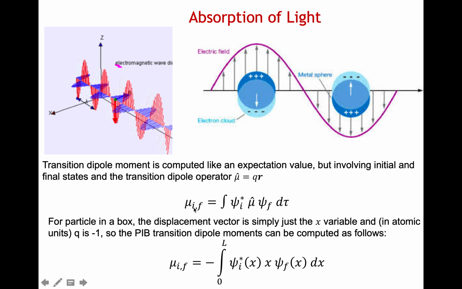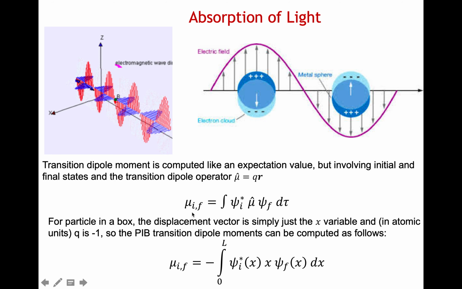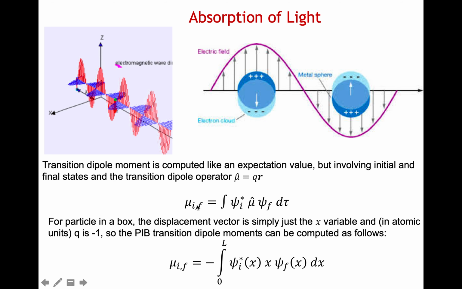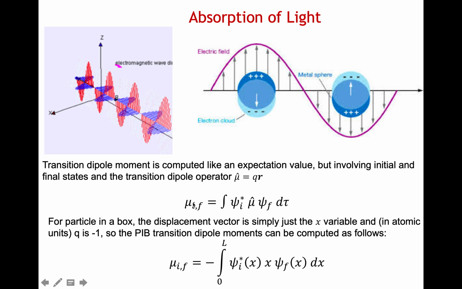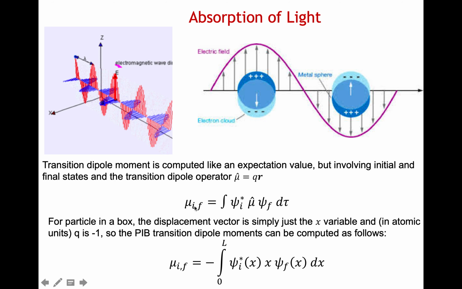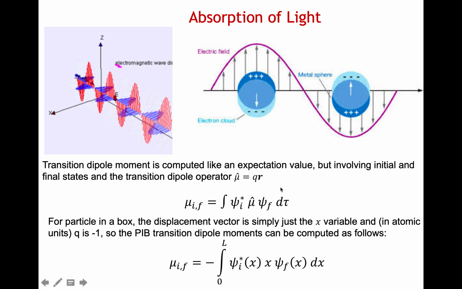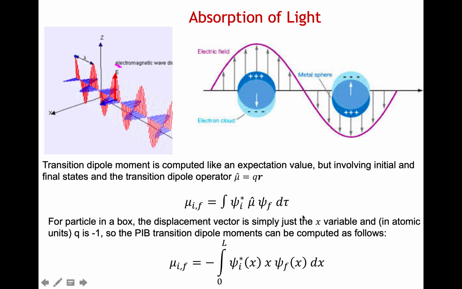Okay, so that's an important difference. We typically write the values of the transition dipole moment with these two subscripts I, comma F. I is a quantum number associated with your initial state, and F is a quantum number associated with your final state, and they denote which energy eigenstates go into this integral.